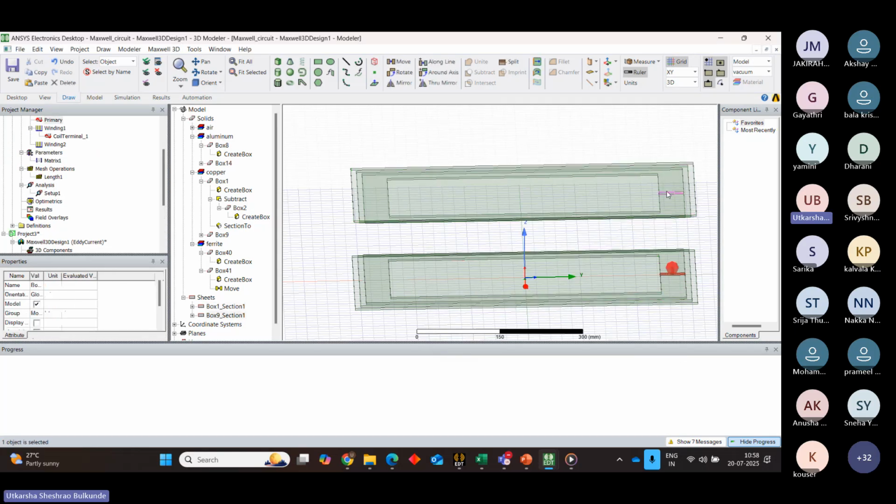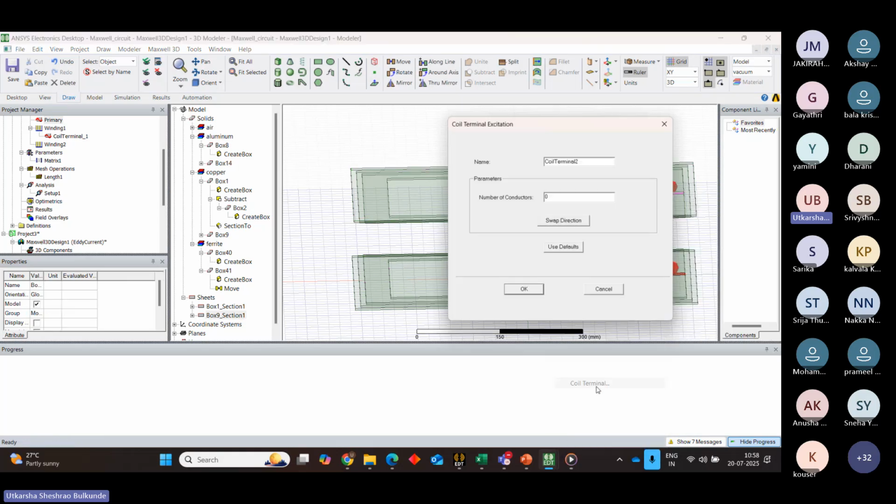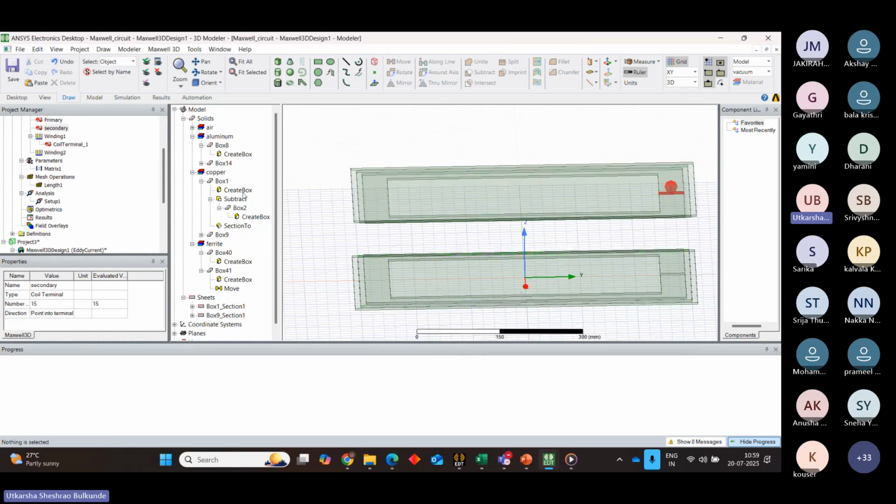Then for the above, assign excitation, coil terminal, 15, secondary, same direction. Okay, so we have the coil terminals.